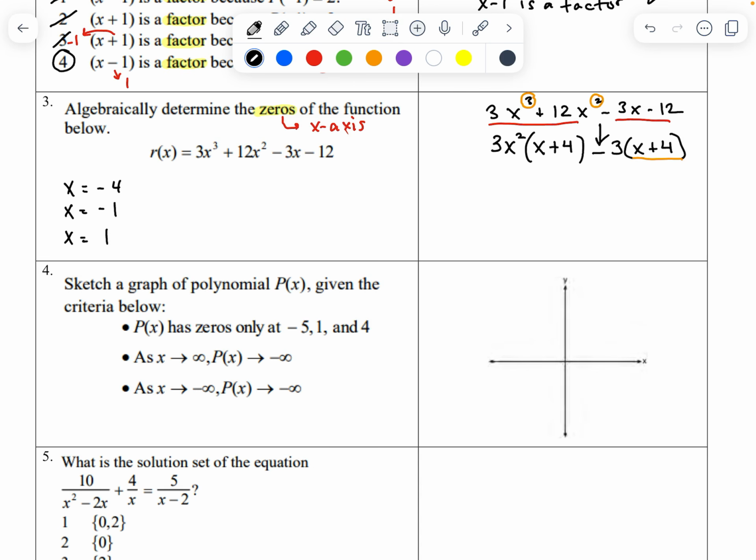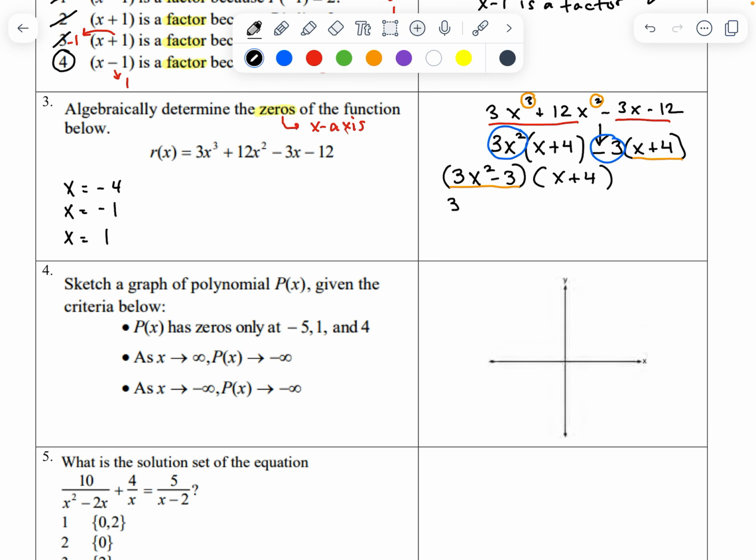I'm actually really happy that that happened because that could happen to you as well. All right, from here, you take the outsides and smush them together, and you take the insides and smush them together. On the left side, I notice that I have a 3 in common.